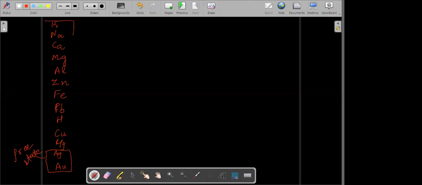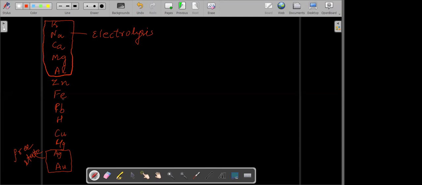Up to aluminium, these metals are said to be metals with high reactivity, and they can be purified only with the help of electrolytic refining or electrolysis. So by the process of electrolysis, these metals are extracted as they are high in the reactivity series.